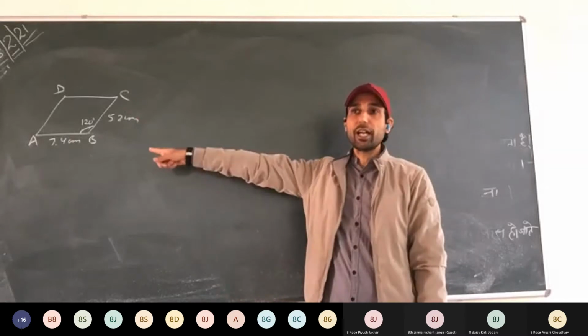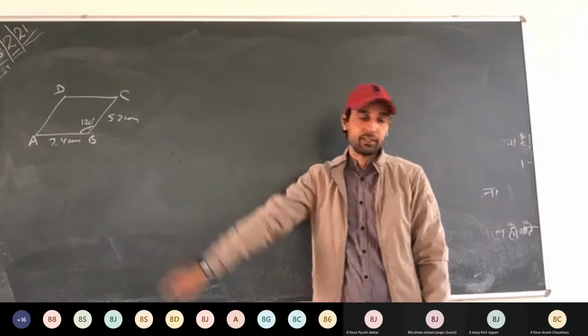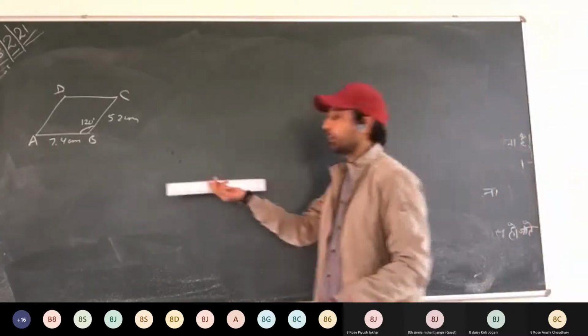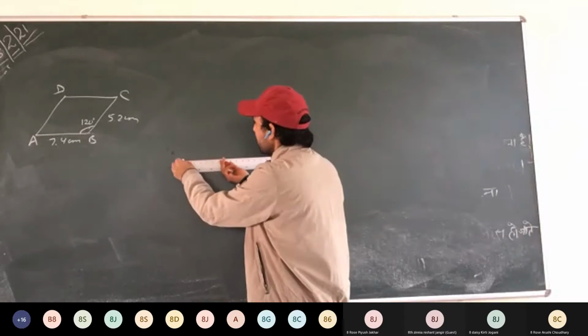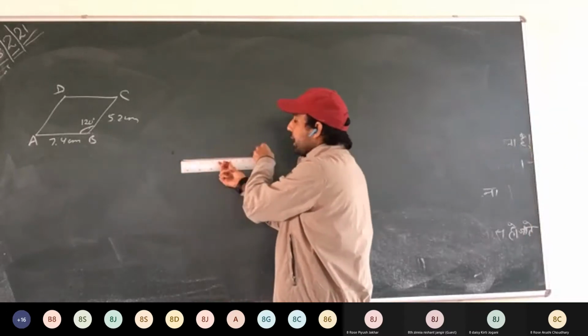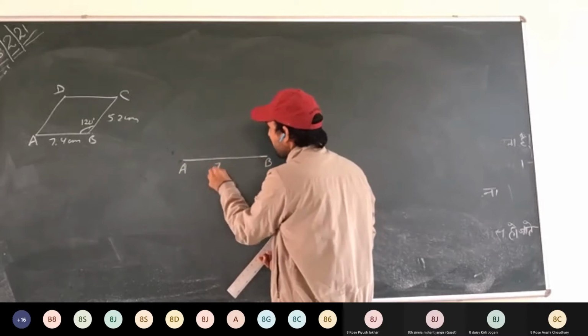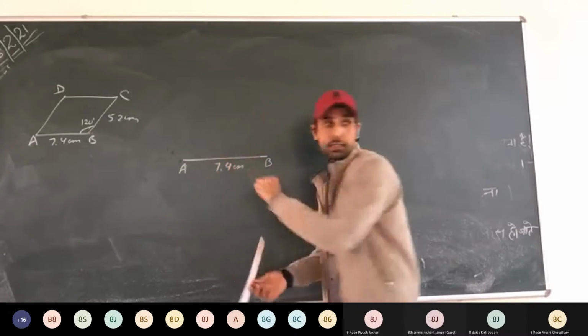So first we'll be drawing which line? A base we need, AB. So we start with AB, length of 7.4 centimeter.